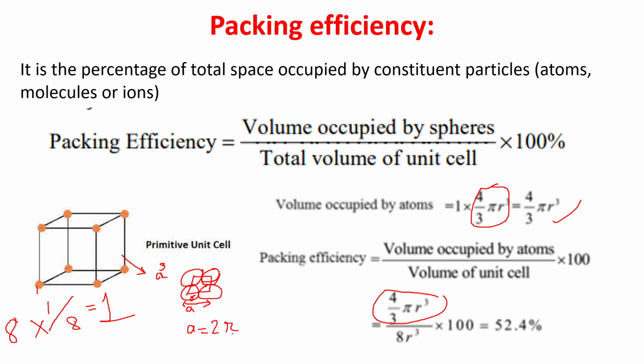So volume of a cube is basically a cube. So volume of the unit cell will come out to be 2r whole cube.